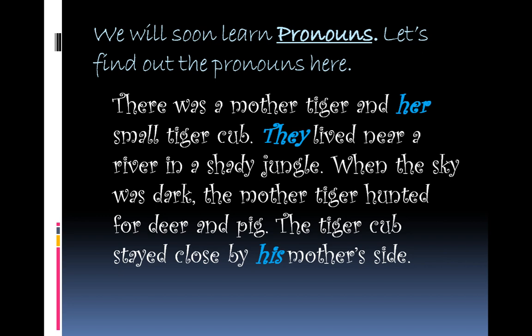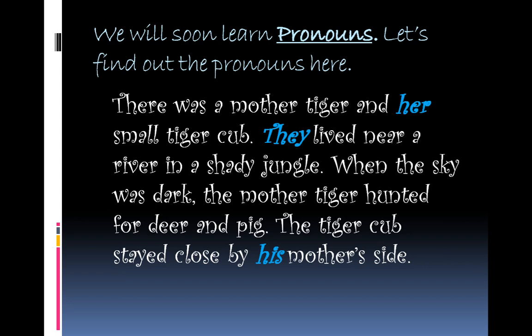So we have eliminated the middle one, repeating the mother tiger twice, and instead we have brought another word, which is her, which is not only making it sound good, but also making the sentence beautiful. There was a mother tiger and her small tiger cub. So her is a pronoun. We are using it as a replacement of a noun.